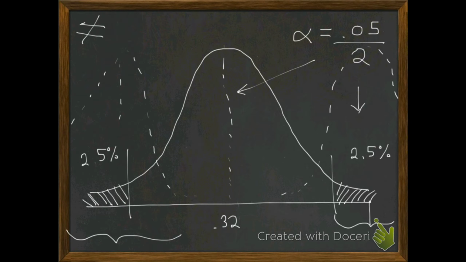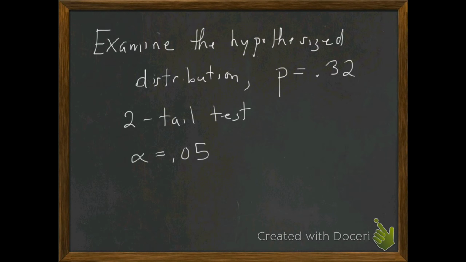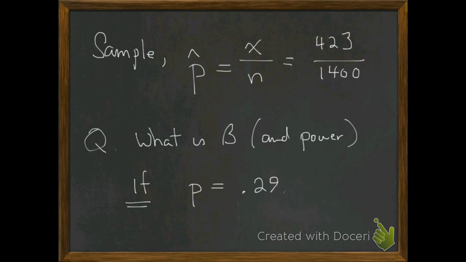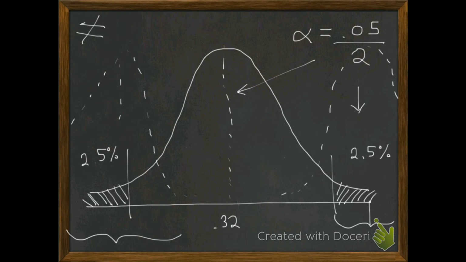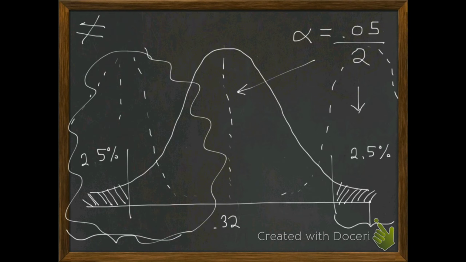Well guys, clearly, if you think back to what we're doing here, we're testing if p is equal to 0.29. So gang, going back to our distribution, what we're going to focus on is just this part right here. Okay? So let's make that happen.